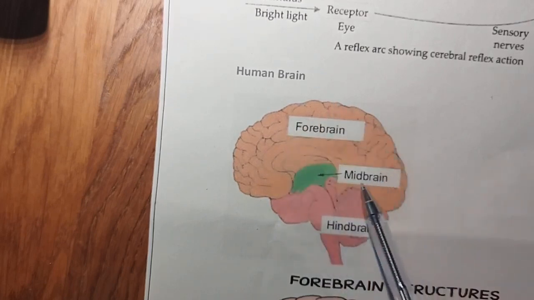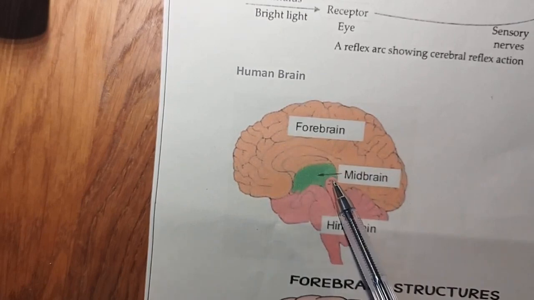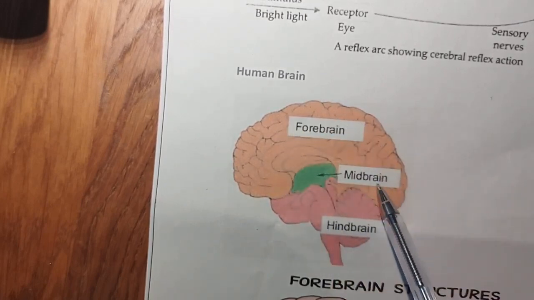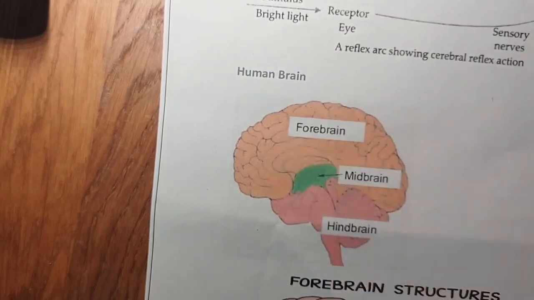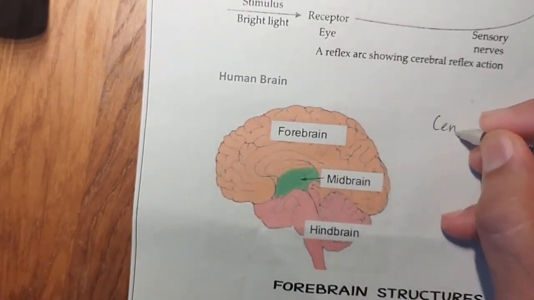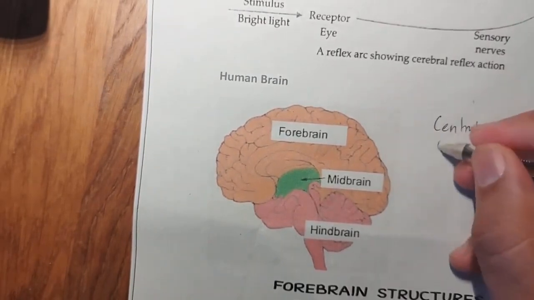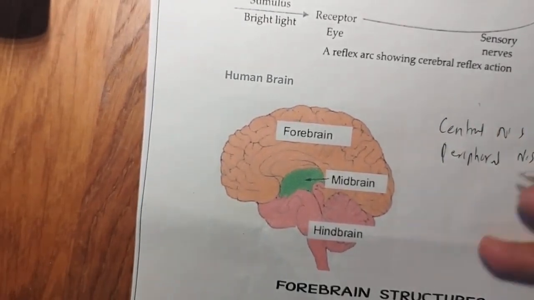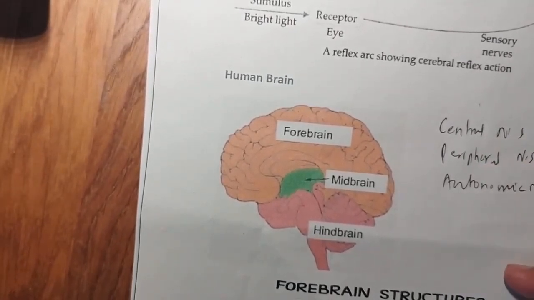It's a complex function, and control and coordination of the body also lie in this part of the central nervous system. So there is the central nervous system, and there is a peripheral nervous system, and there is a third called the autonomic nervous system.